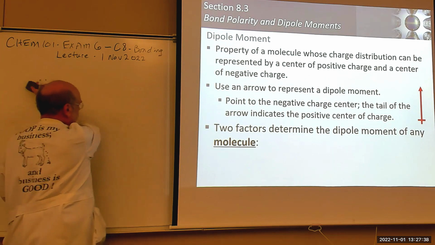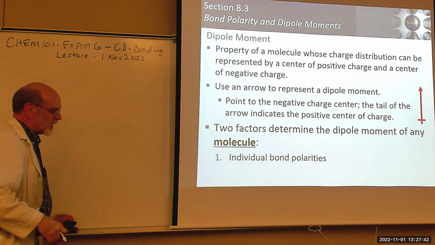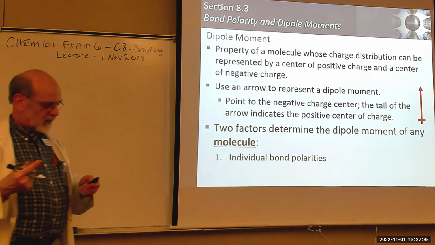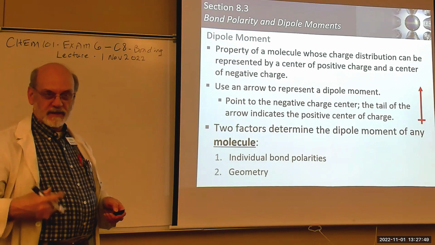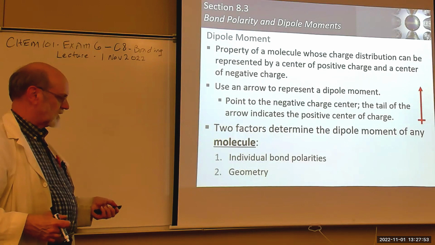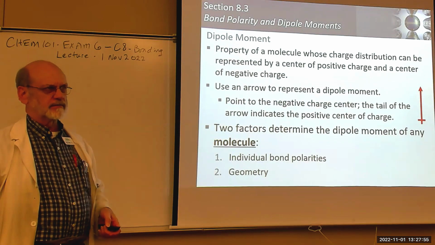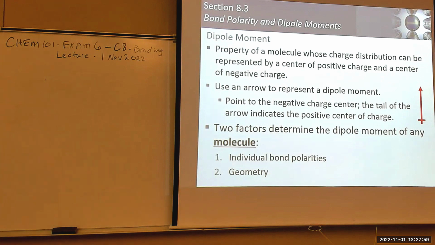But to sum things up, you need to know the individual bond polarities, and you need to know the geometry of the molecule. And we're headed that way. We're going to talk about that, maybe not until next chapter. No, it could be this chapter.